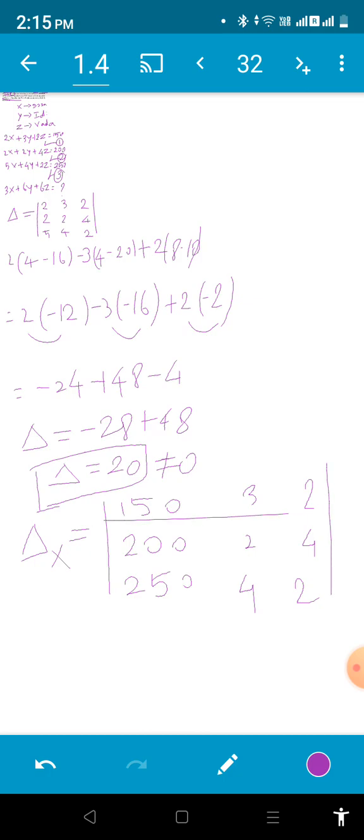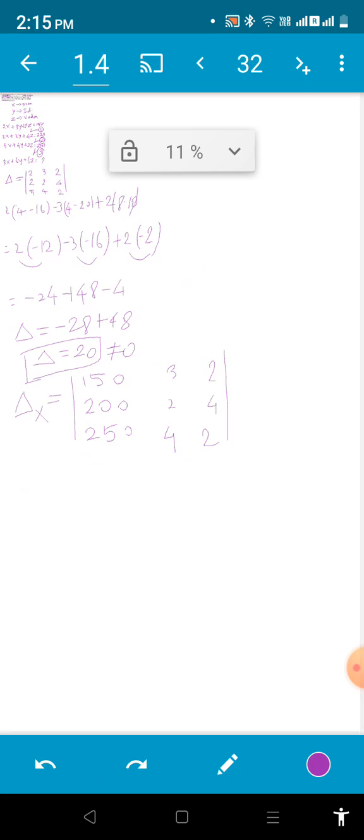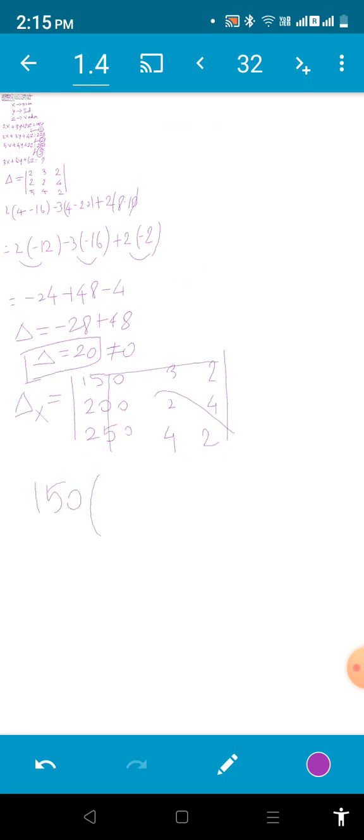Then I take this row, 150 into, the corresponding row and column cancelled, 2 into 2 4 minus 16.